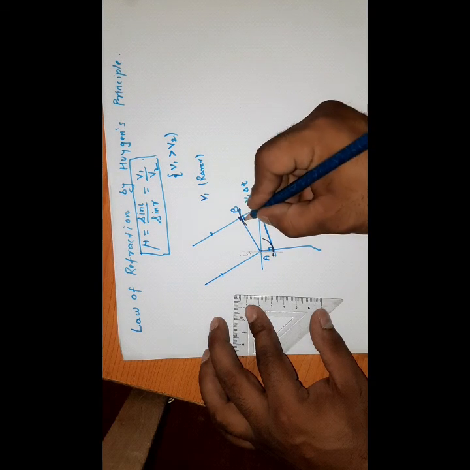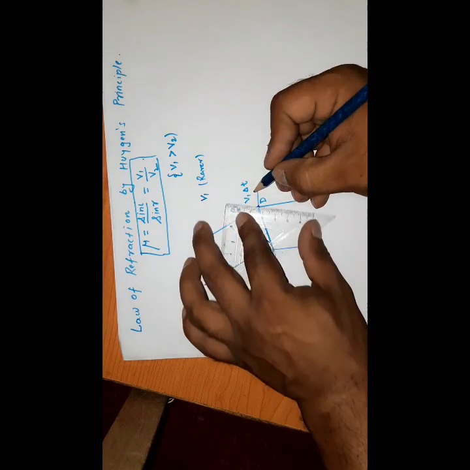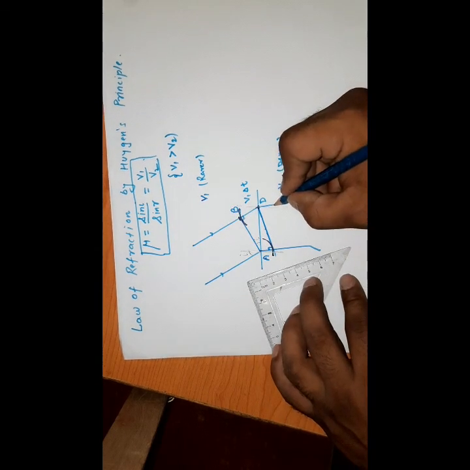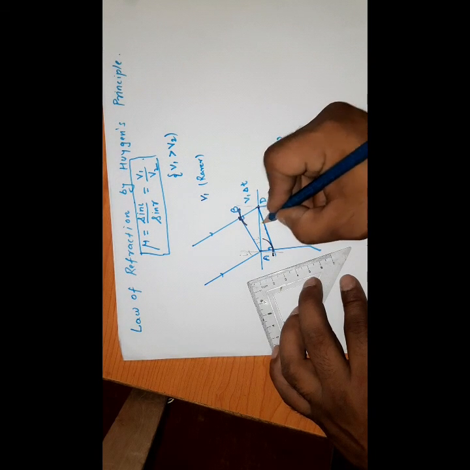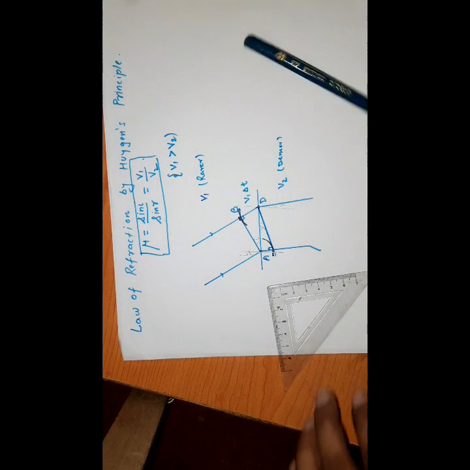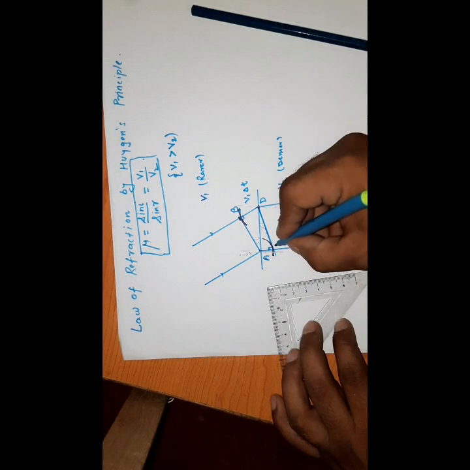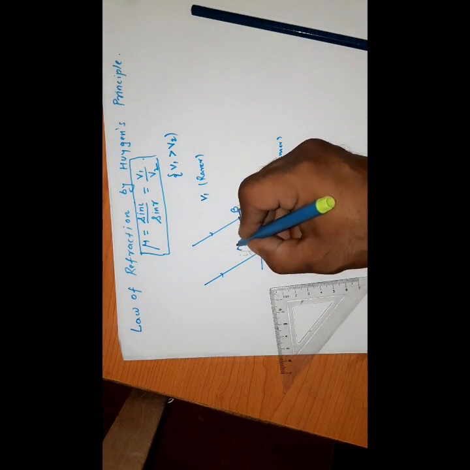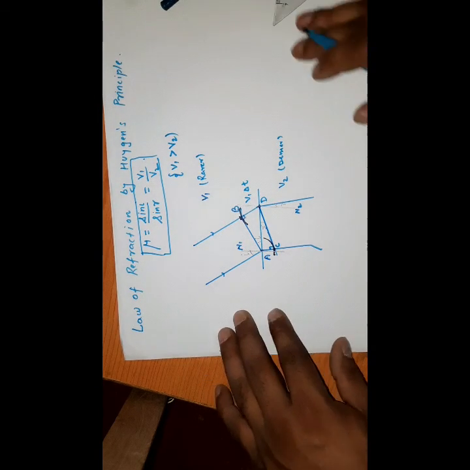If this angle is 90 degrees, so this is also I. And here we will draw another normal. This is the angle of refraction R. If this is R and this is 90 degrees, this is also the angle of refraction R. We'll do the naming as A, B, D, and this is C, any point C. This is normal N1 and this is normal N2.